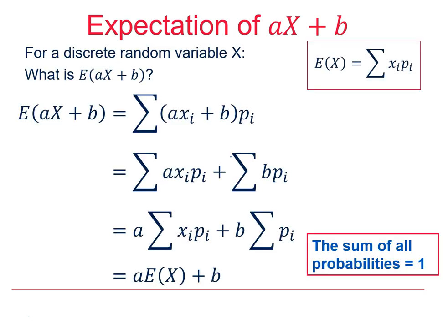The sum of all the probabilities is 1, so that summation is simply 1, and we just get b. And sigma xi pi you should recognize as the expected value of x. So the expectation of ax plus b is a multiplied by the expectation of x, plus b.